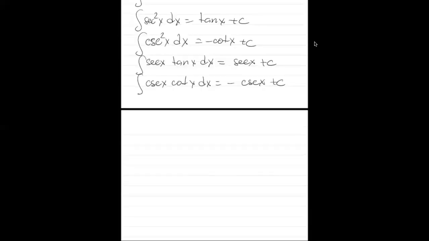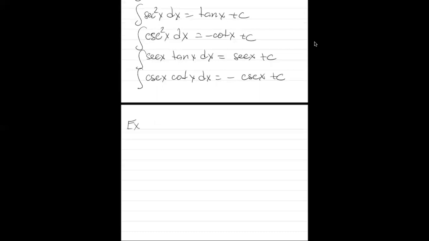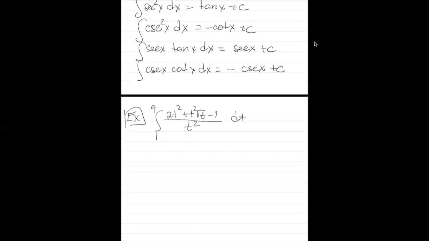So example, integral from 1 to 9. And here I have a rational function, (2t squared plus t squared square root of t minus 1) over t squared dt. We don't have a formula for integrating a rational function, but this is a special one. We could split it down to several functions by dividing each term by t squared, like this.